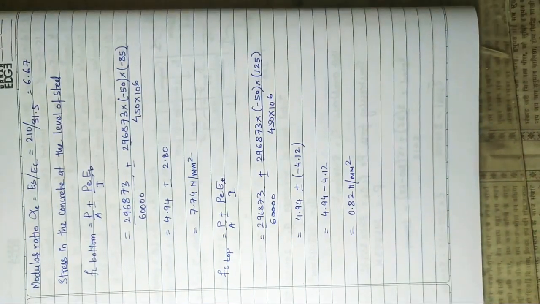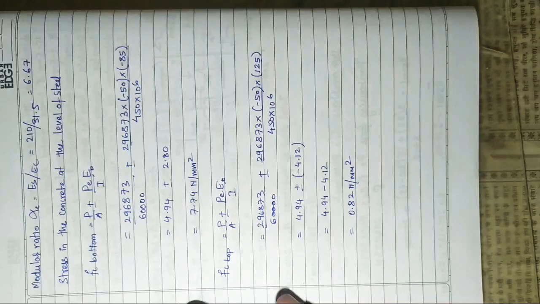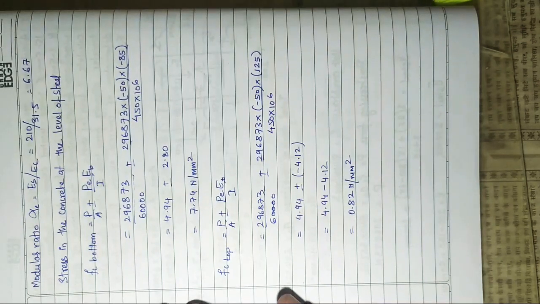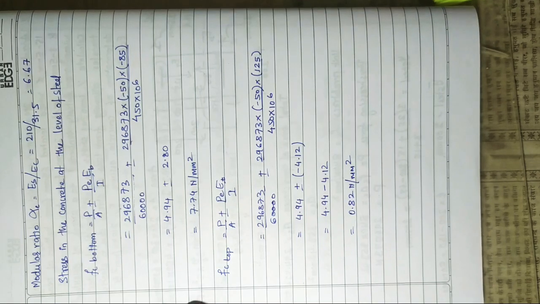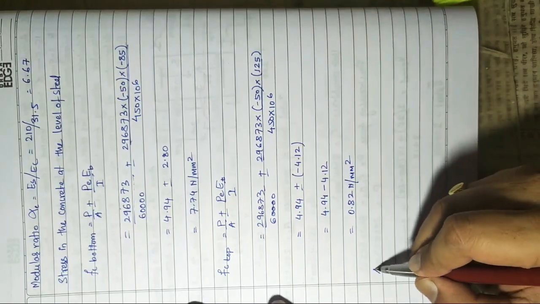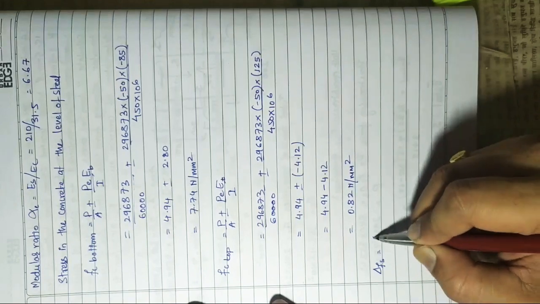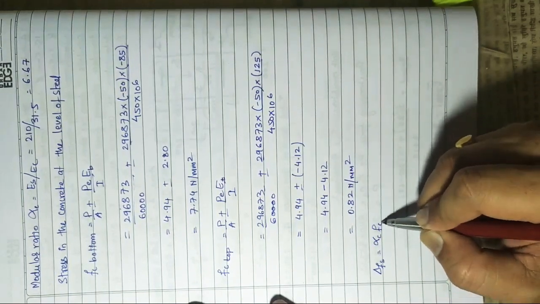Now this value is known to us, and we have to find the percentage loss. As in the previous problem, the loss due to elastic deformation is delta Fs equal to modular ratio into Fc.